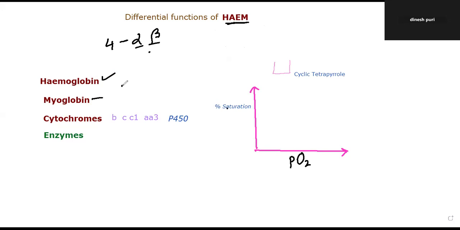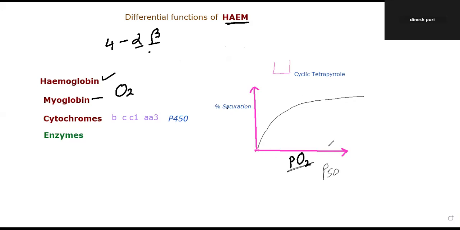Myoglobin is also an oxygen binding protein, but their binding affinity for oxygen, and accordingly their roles, are quite different from each other. For example, myoglobin has a very high affinity for oxygen, as reflected by such a hyperbolic curve. P50 means the partial pressure of oxygen.